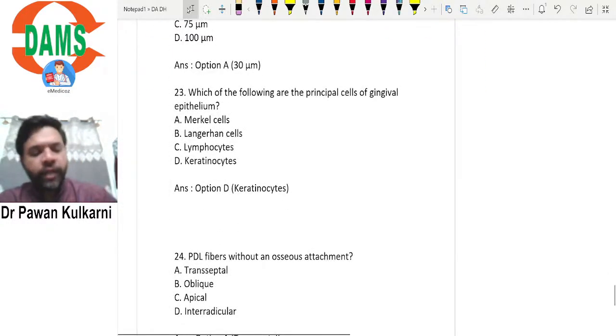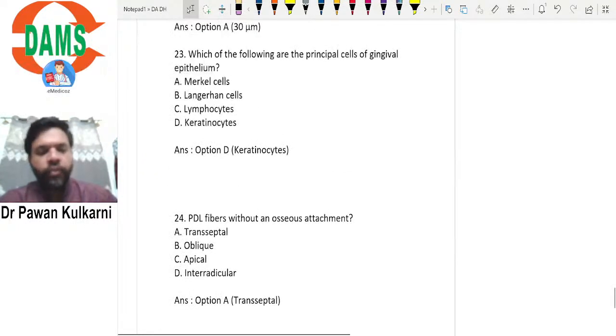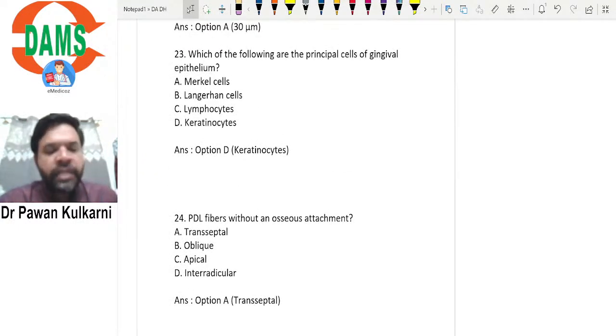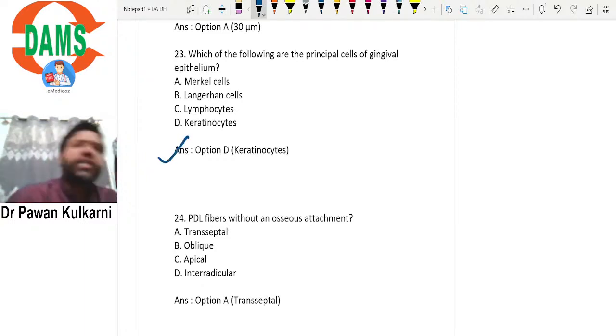Let us move to the 23rd question. Which of the following are the principal cells of gingival epithelium? We know that gingival epithelium, the masticatory epithelium, has mainly keratinocytes, because it's a keratinized epithelium. Gingiva is mainly 75% parakeratinized, so the main cells will be the keratinocytes.